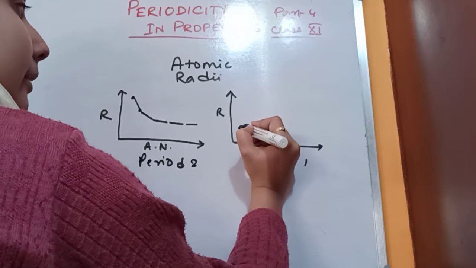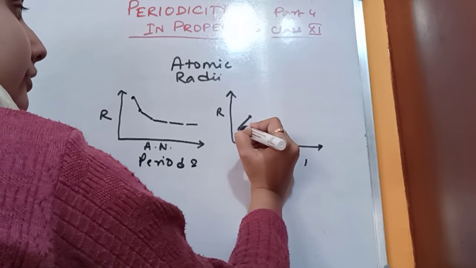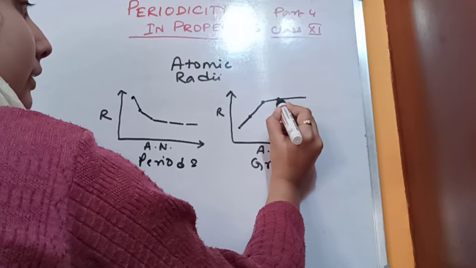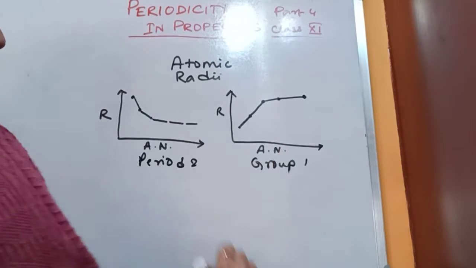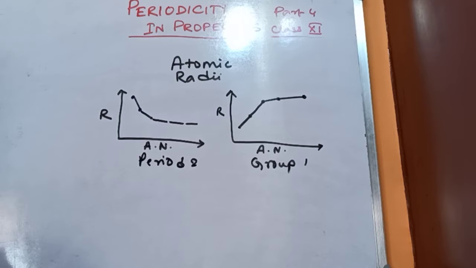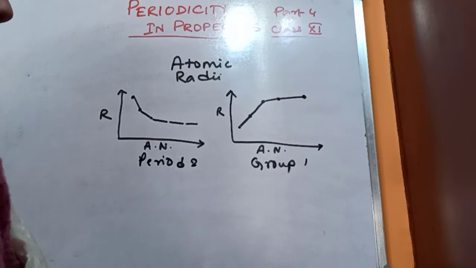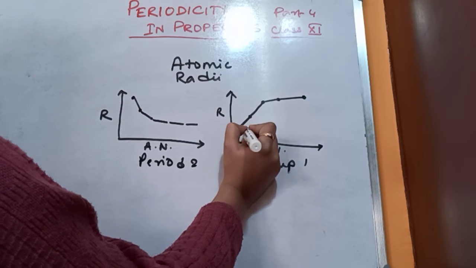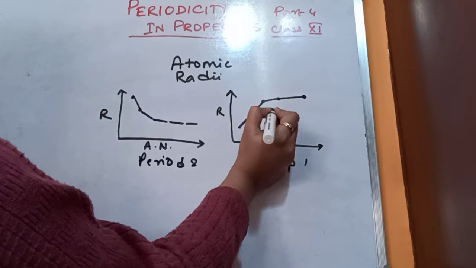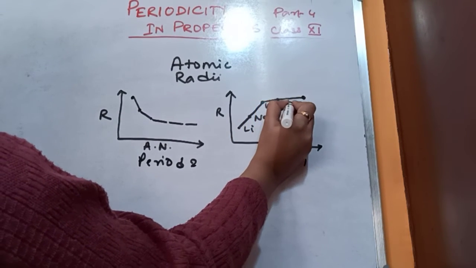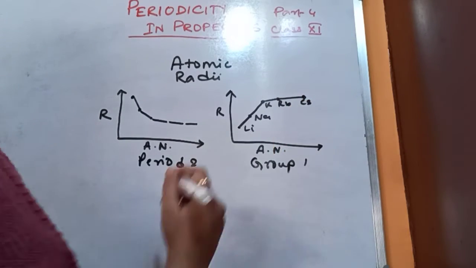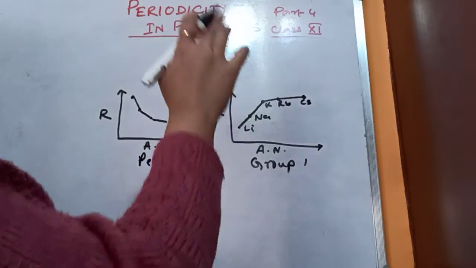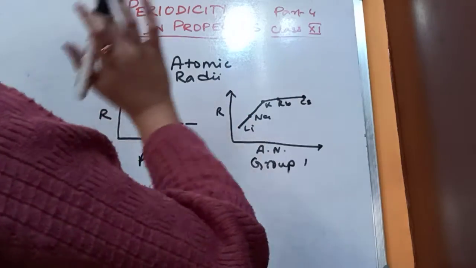Starting from lithium, here it is sodium, here it is potassium, rubidium, cesium. Francium is radioactive, not considered. This was lithium, this was sodium, this is potassium, this is rubidium, this is cesium. See, as I have told you, on moving down the group, the atomic radii increases.